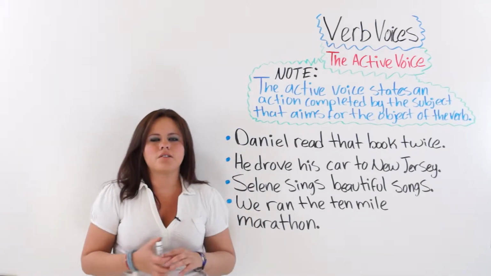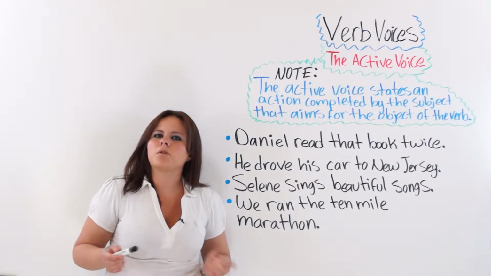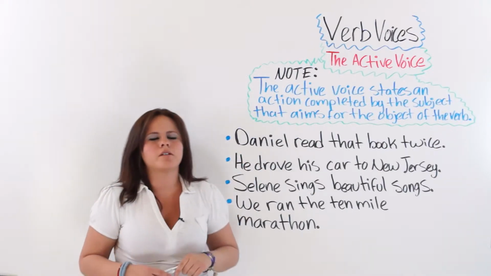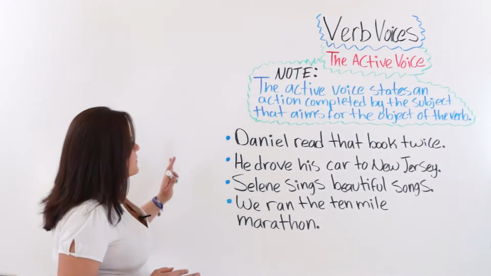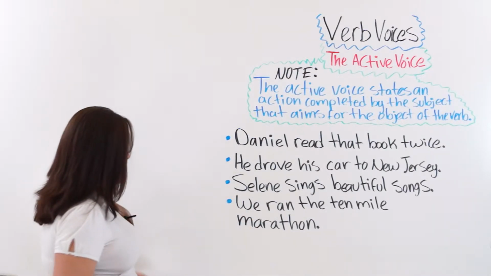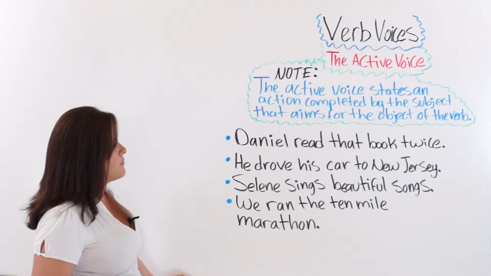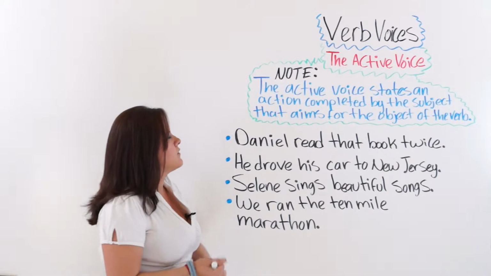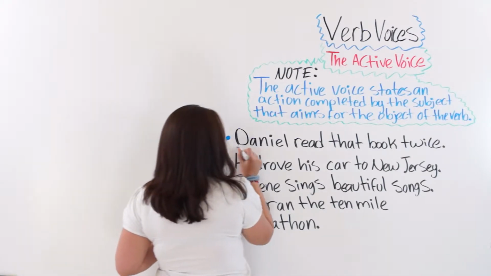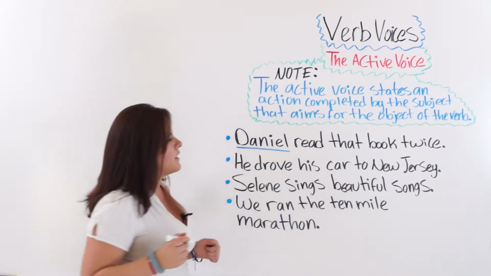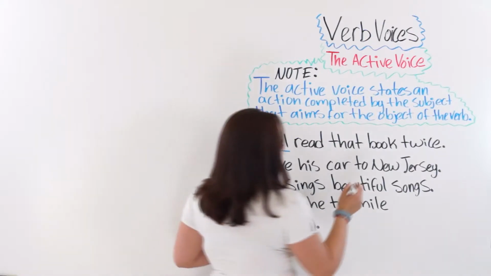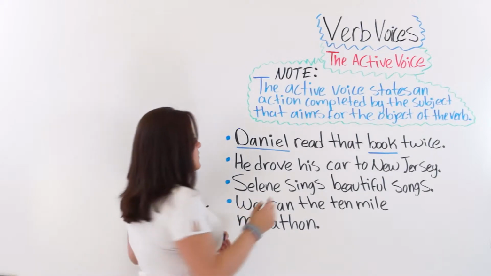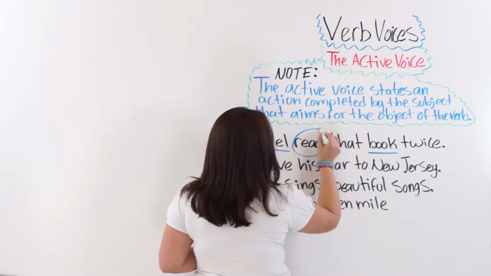And it is also important that you know that most sentences or statements use this verb voice. Alright, the first example I have here says, Daniel read that book twice. So we have to find our subject, which is Daniel, and our object, book, and the verb, read.